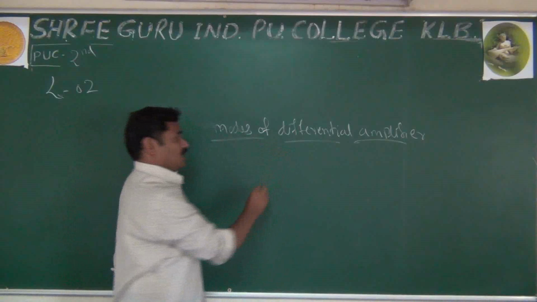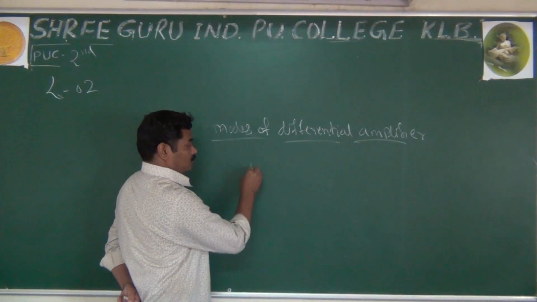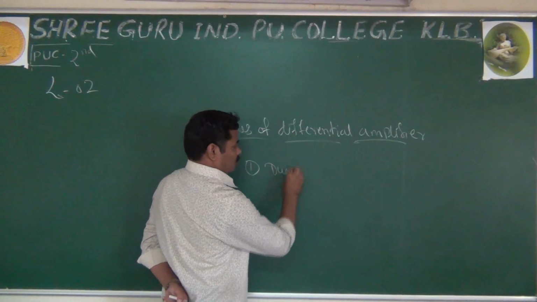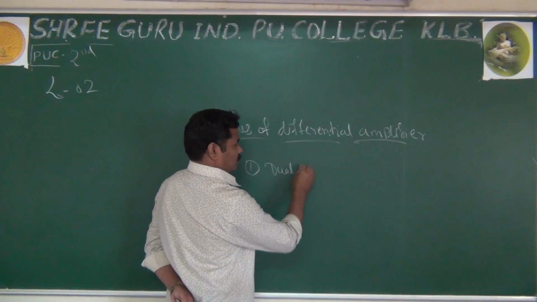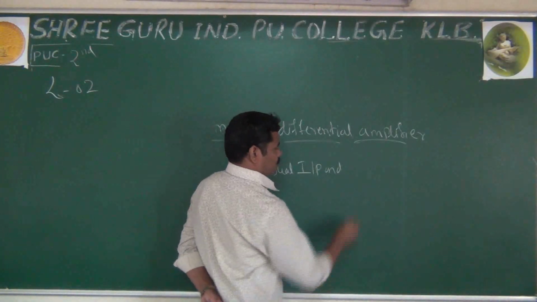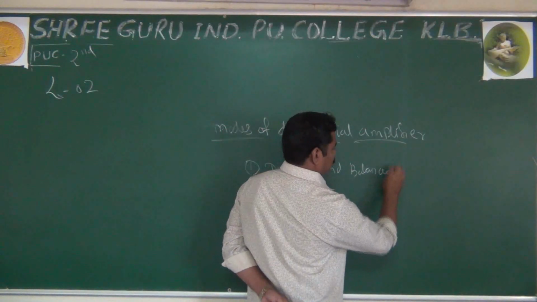Actually, they have nearly four modes. One is called dual input and balanced output.